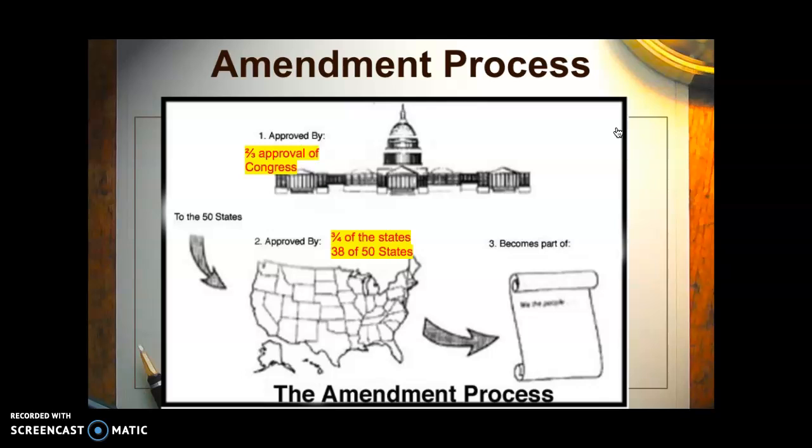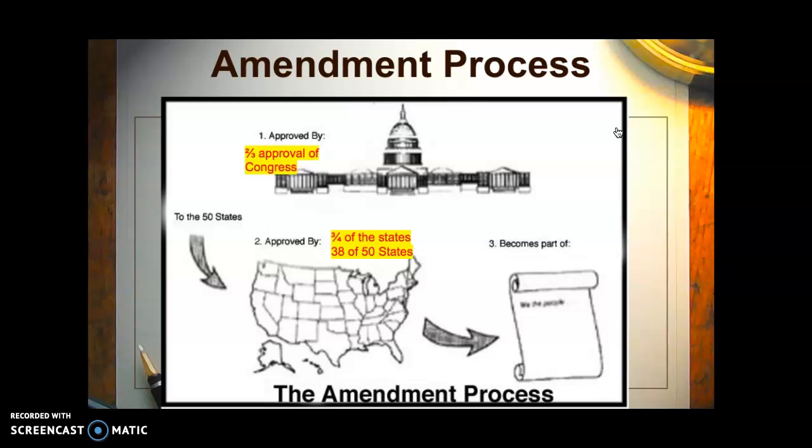And so they wanted the process to be difficult so that the desired change could be thoroughly investigated, and to make sure that it's not being done on the fly or on a whim, that there's really a valid reason for changing the Constitution. And so it was made difficult for that purpose.